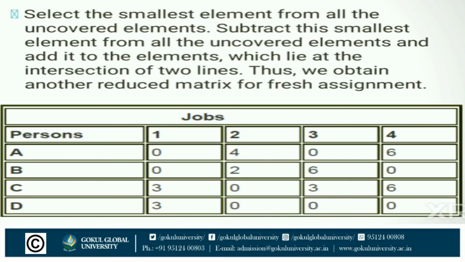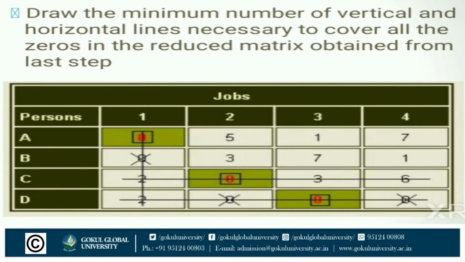So here we can see that in the previous table the intersection entries are 2 and 2, and the uncovered entries are 5 1 7 3 7 1. So 1 is the smallest value.